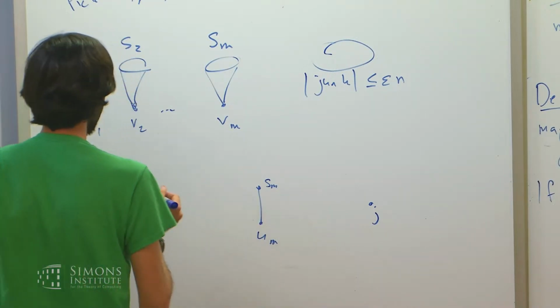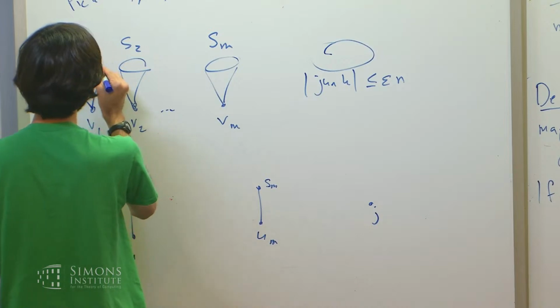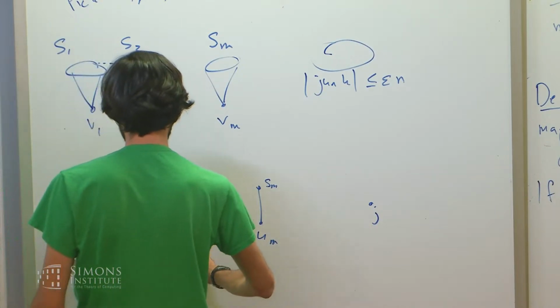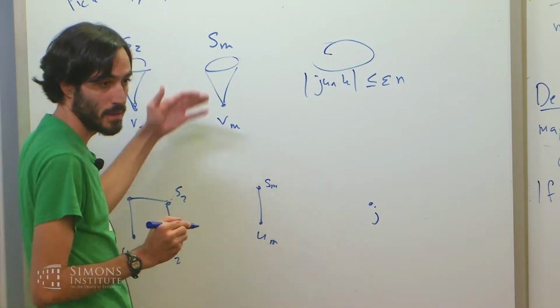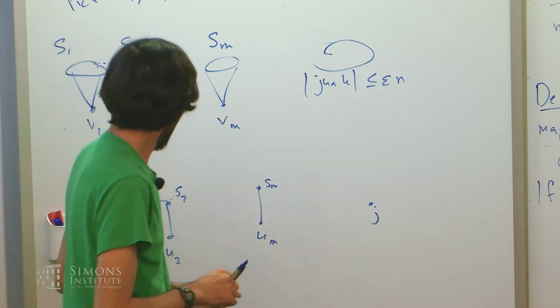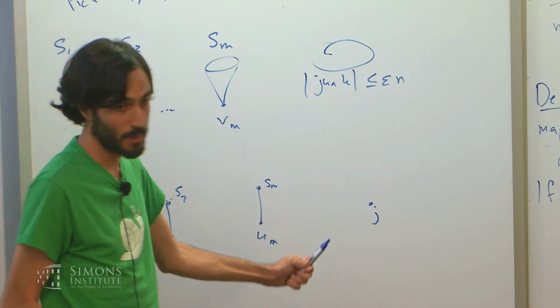The only thing is I need to tell you how to put edges in. If I have at least one edge between this set and this set, then I will put an edge between s1 and s2 in the model graph downstairs. Otherwise, I won't put any edges. So obviously, this graph downstairs has only poly 1 over epsilon vertices.